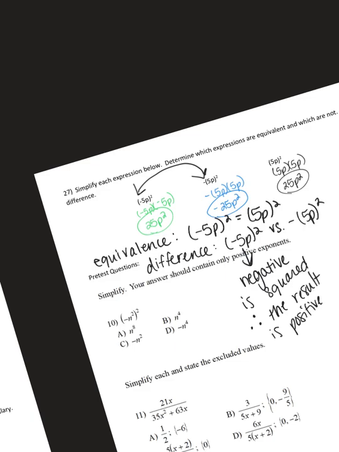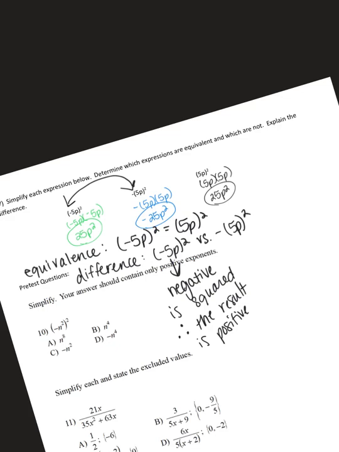If we are looking at the opposite of 5p squared, we know that, yeah, that's what it means, right? So this expression means the opposite of a square.